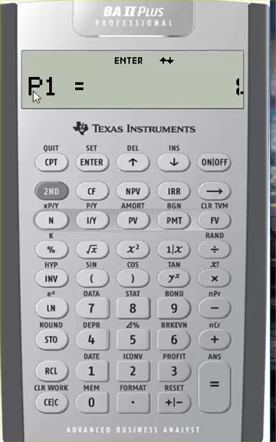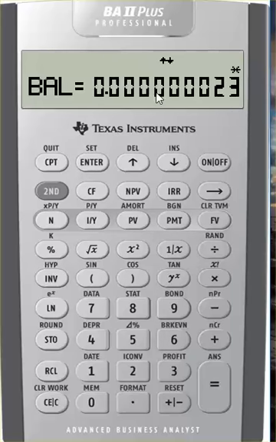To determine the total interest over the 30 years, we will go second, amortization, above PV. Here it's indicating my first payment, payment 1. Scroll down, it's asking me for my second. Well, my first is 1, my last is 360, and of course I would enter that. Scroll down. I don't have a balance, because I paid everything off over 360 months.